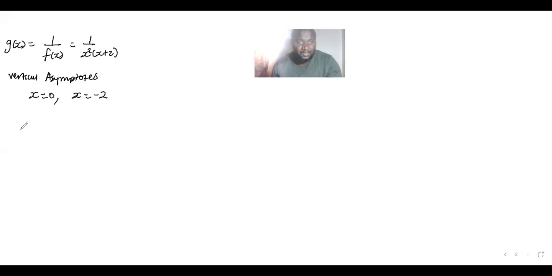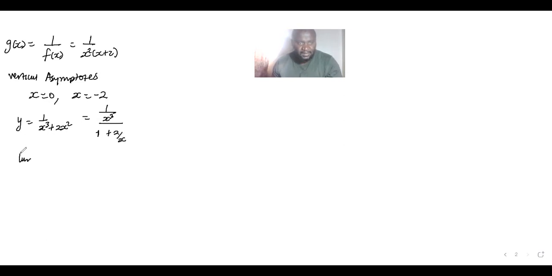Horizontal asymptote can be got as follows: y is going to be 1 out of x cubed plus 2x squared. Remember, we divide through by the highest degree of x. You get 1 plus 2 out of x.